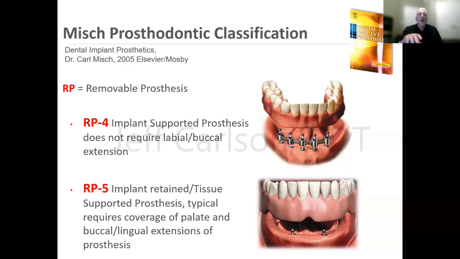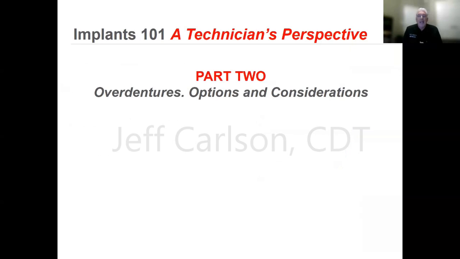It really doesn't require the extension of the prosthesis, be it into the palate for strength or stability, or over the retromolar pads, capturing the buccal and labial vestibules as well. RP5 is going to be more of your tissue-supported, freestanding ball abutments, locators, and so forth. So we're going to cover a little bit of all of that.